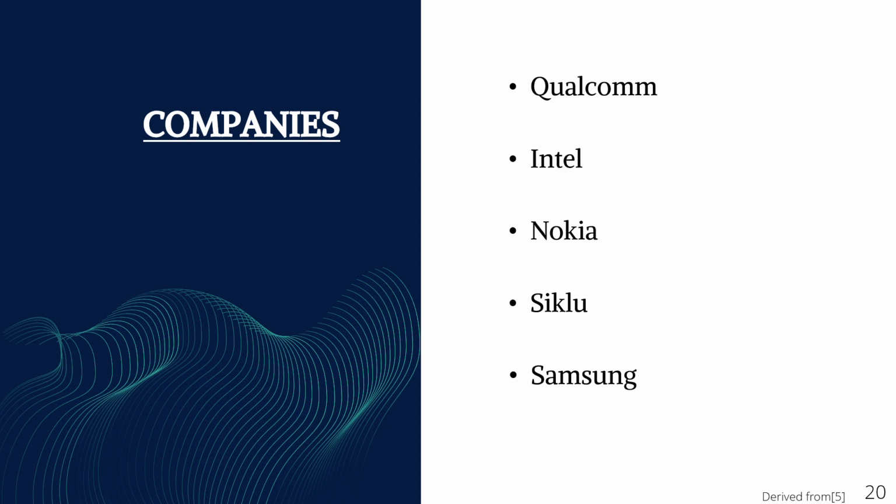Next one is the companies. These are some of the major companies that use millimeter wave communication technology: Qualcomm, Intel, Nokia, Skyworks, and Samsung. Qualcomm, Skyworks, and Intel mainly focus on the production of millimeter wave chips. These chips are mainly used for measuring millimeter wave frequencies.